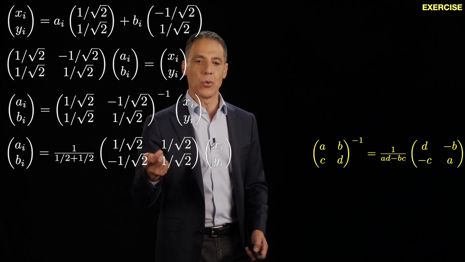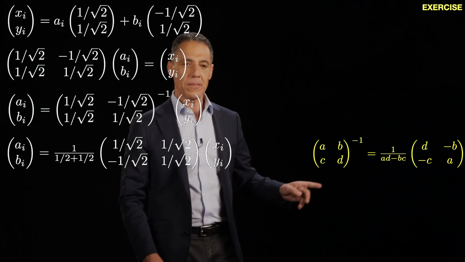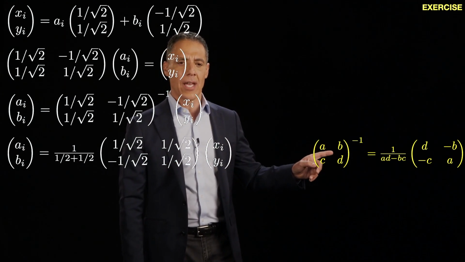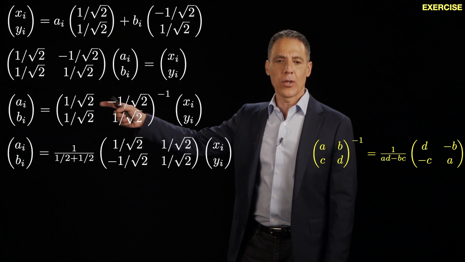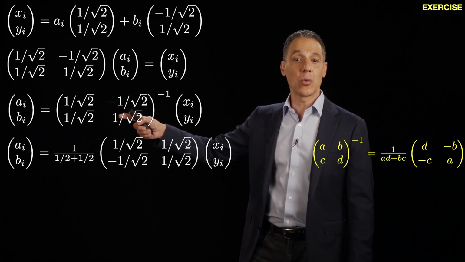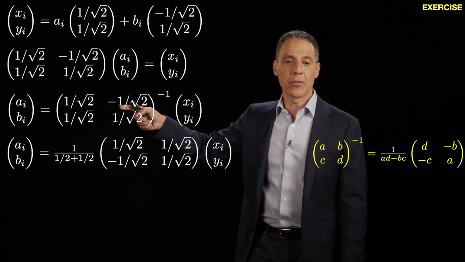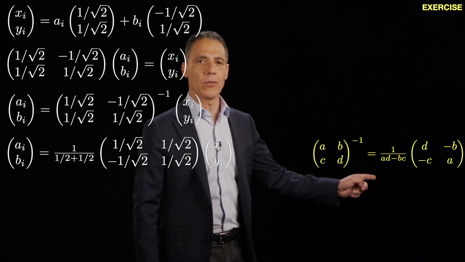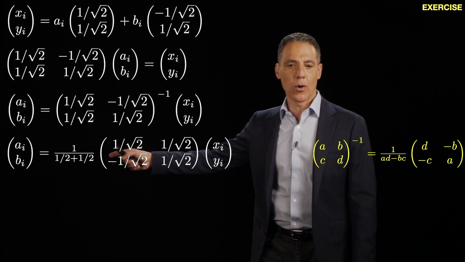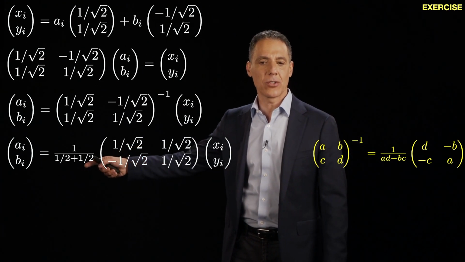Let's apply that rule to the matrix here. So what is the determinant? A times d, so that's 1 over root 2 times 1 over root 2, 2 over root 2, which is just 1/2. And then I've got a minus 2 over root 2, but I've got a minus sign over here. And so I get 1 over 1/2 plus 1/2, which of course is going to be 1.